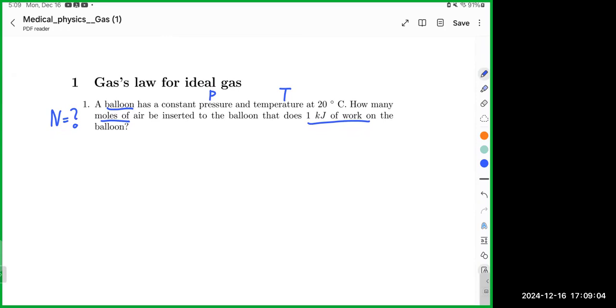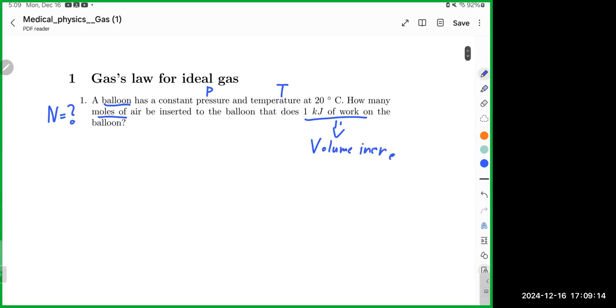The work on the balloon, when you interpret this term, it means volume increase. Volume increase. Okay.